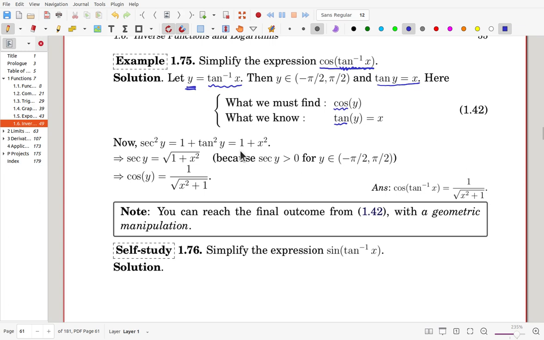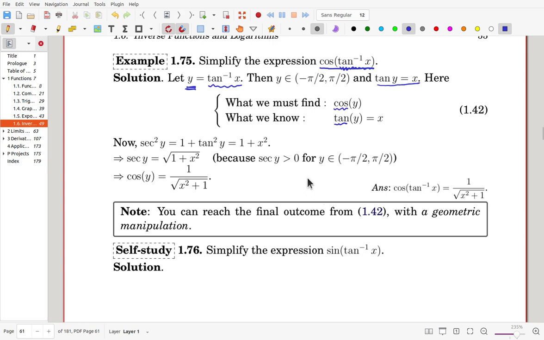And y is between minus pi over 2 and pi over 2, so the cosine in this region is positive. So sec is positive, which means that when taking the square root, rather than plus or minus, we choose positive. So sec y is simply the positive square root of 1 plus x squared.